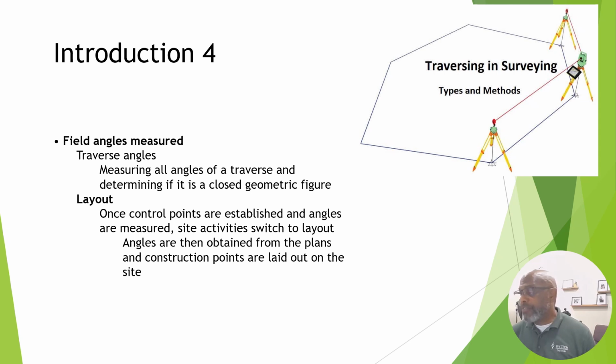This involves measuring all the angles of the traverse and determining if the traverse is a closed geometric figure. A traverse can be either closed or open. Closed means it's like a closed box or an octagon or whatever you're measuring, and it adds up to the correct number of degrees. Where you start will be its ending point also. So that is a closed traverse.